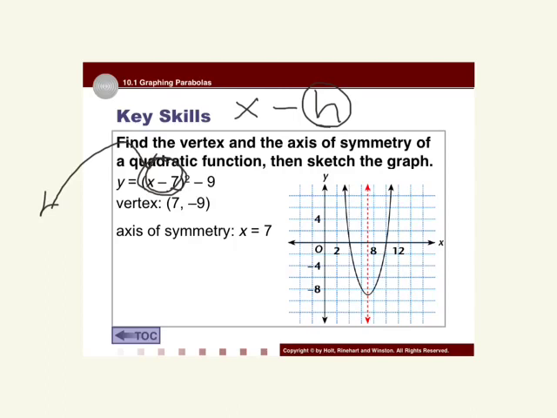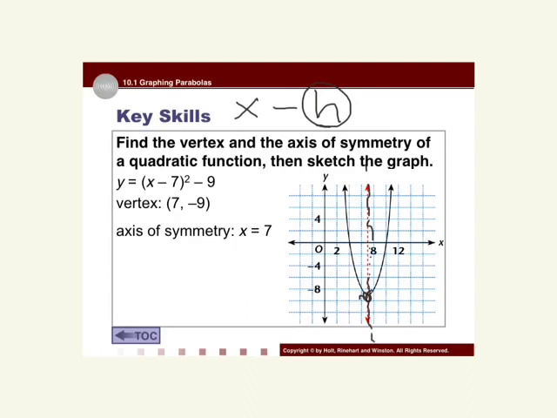So whatever value I have to plug in for x to make the parentheses go to 0 is my x coordinate. And then whatever the value is on the outside is my y coordinate. So in this particular case, my vertex is at 7, negative 9. And then my axis of symmetry is at x equals 7. And then I can make my graph.